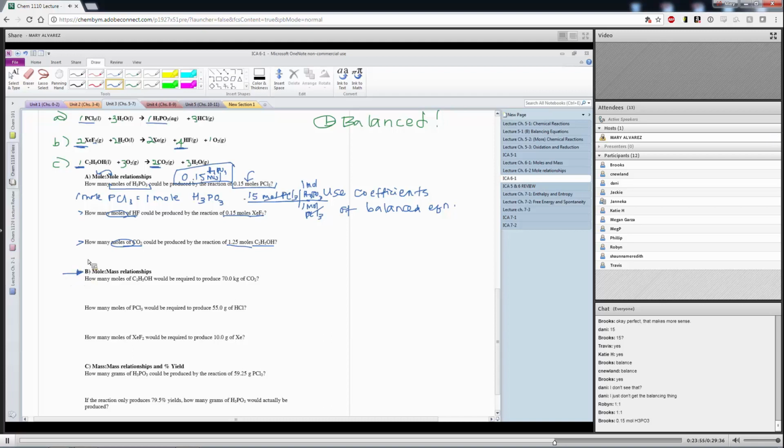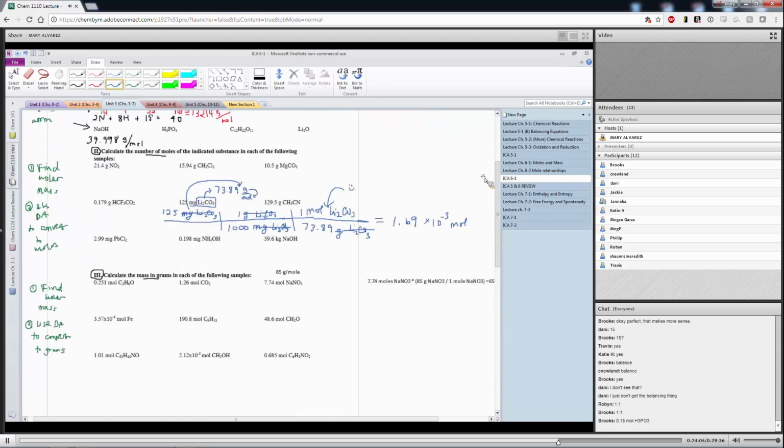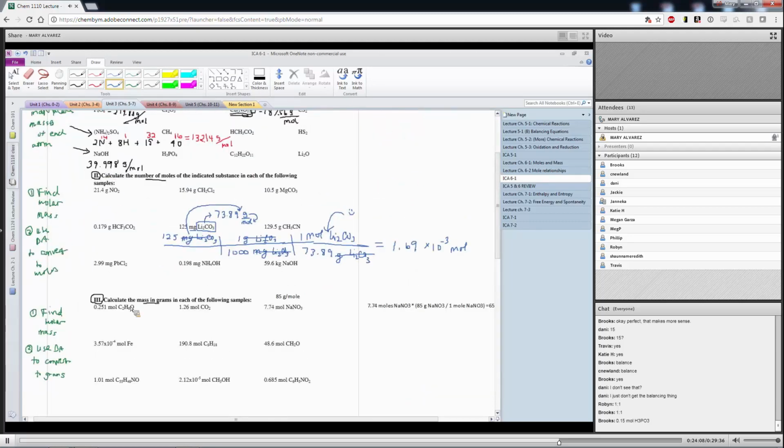In part A, I have moles that I'm converting from moles of one thing in my equation to moles of something else. Part B is reminding us that if we have moles of anything, then we can calculate the mass of that. And it's much more convenient to use mass because we don't have scales that measure moles, only mass.